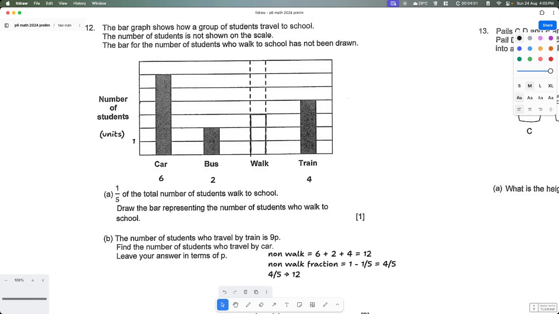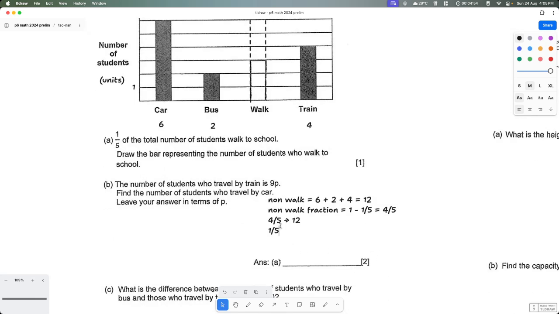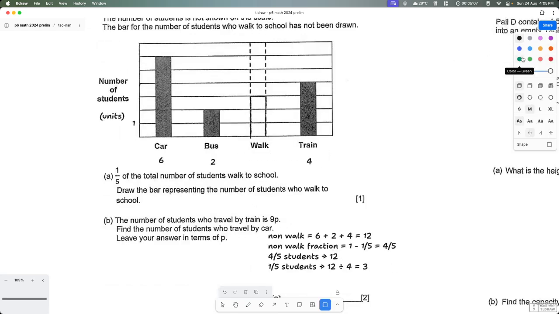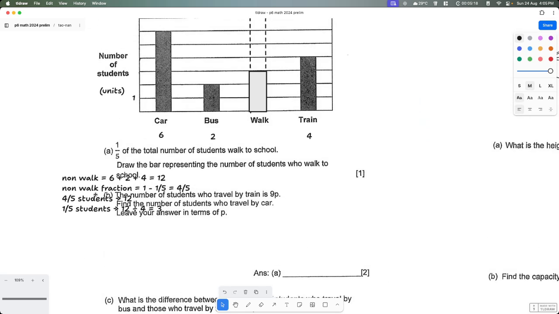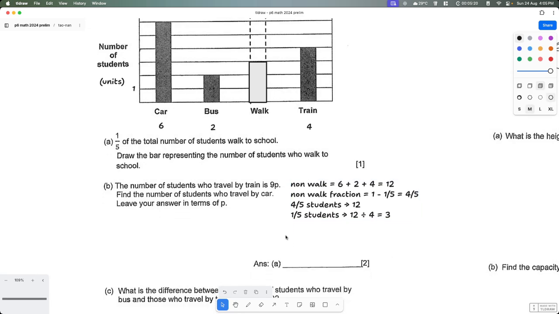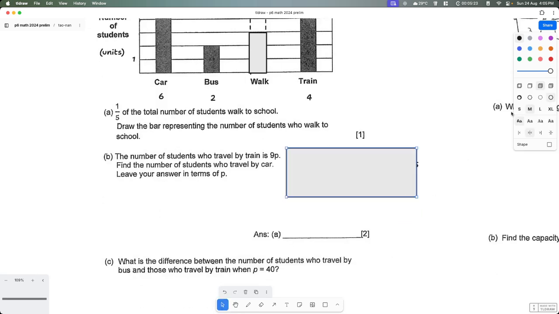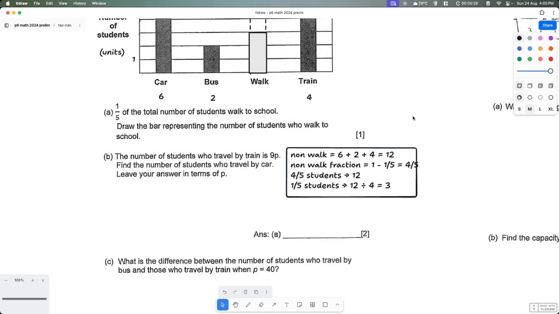So one fifth of the students is equal to 12 divided by 4. This will be 3. Even though it's pretty obvious, the walk bar is 3, that's what you see over here. Okay, there you go. So we can just put it like this. Let's move on to the next one.